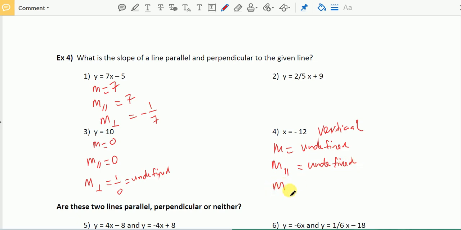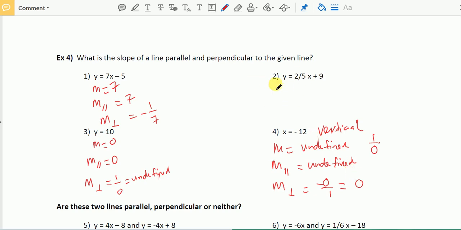And the slope of the perpendicular, because this one is undefined, means it's divided by 0. The opposite of that is 0 over 1, and negative is still the same thing, so you have 0. So the slope of the line perpendicular to this line is actually 0, even though the original line's slope is undefined, because it is vertical.